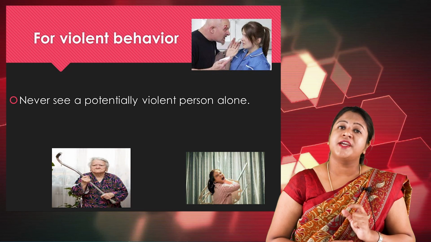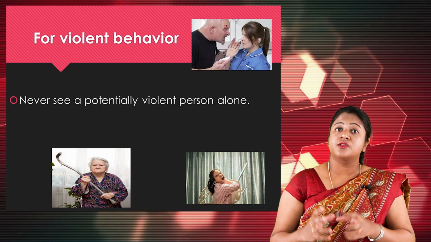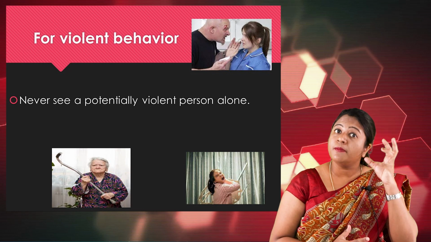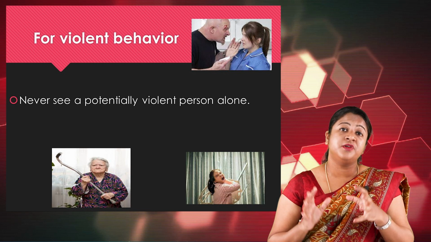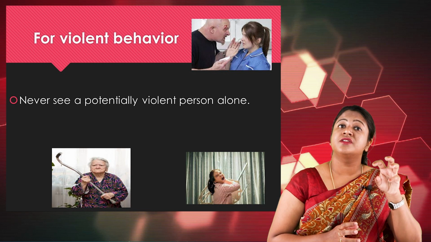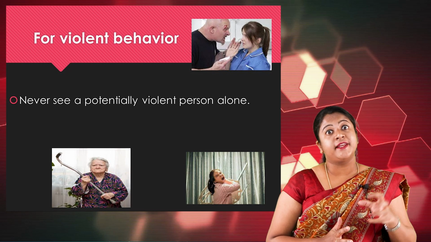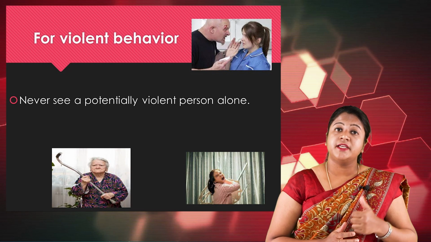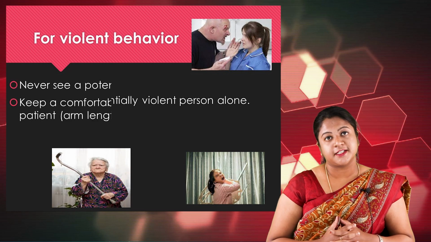It is to make sure that you have safety, and also to make sure the patient becomes aware that you are not alone to be attacked. There is a group there, so the patient will calm down or try to control their violent behavior. So that is the foremost important thing to protect yourself as a nurse.